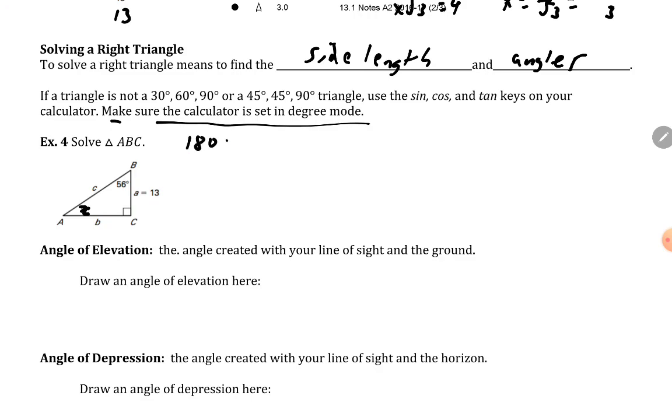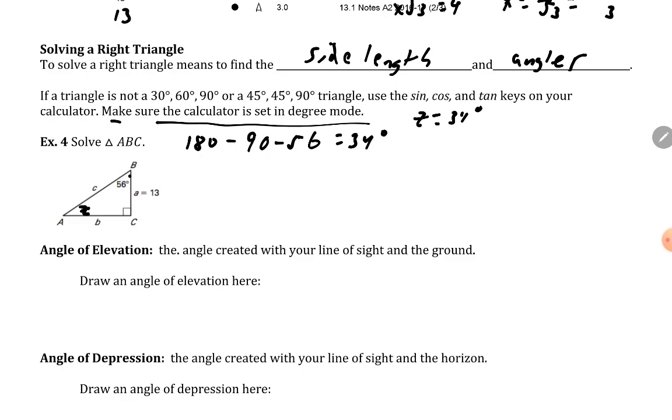So I'm going to do 180 minus 90 minus 56, and we'll get 34 degrees. So my Z value is 34 degrees.